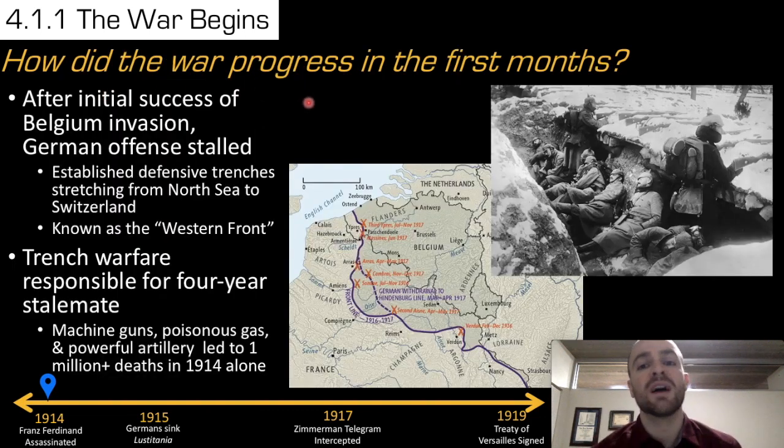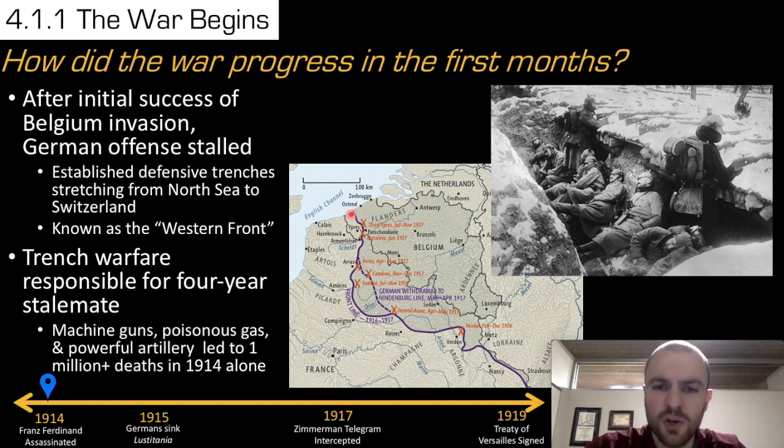So how did the war progress in the first few months? Well, after the initial success of that Belgium invasion, the German offense had stalled. There was a quick attack, they gained a lot of ground, but then they just stopped progressing any further.